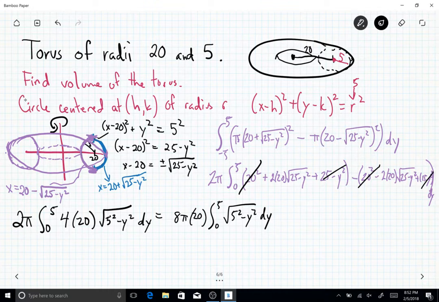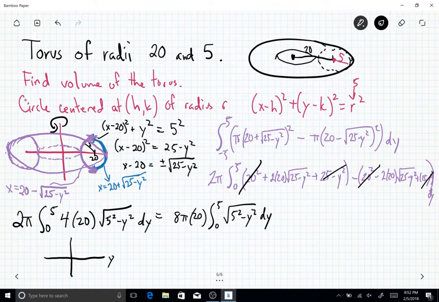But if you remember, well, what the heck is this thing? Notice we have an integral from 0 to 5. Instead of putting x, I'll put y down here. I know this seems a bit funky, but hopefully it'll make sense in a second.